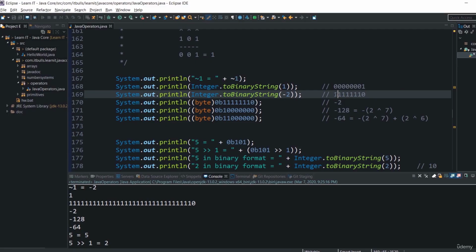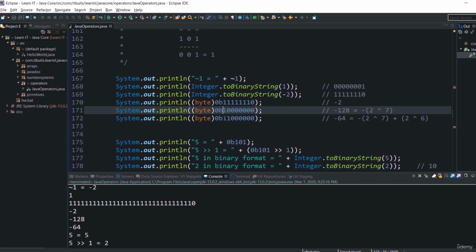To make you understand better how negative integers are stored in Java, please consider this example. Here is binary representation of -128. Why? Because 1 multiplied by 2 in the power of 7, because rank of this bit is 7, that will be 128. Taking into account that the first bit is sign bit, this is -128.